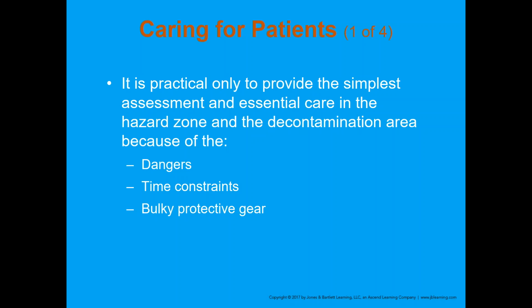Caring for patients, it's practical to provide the simplest assessment. Again, we're not trying to contaminate ourselves or make things worse or tax the system. We also may have this big gear on. We may not be able to do very fine motor skill things. We may not be able to put in an OPA because we have massive gloves on.